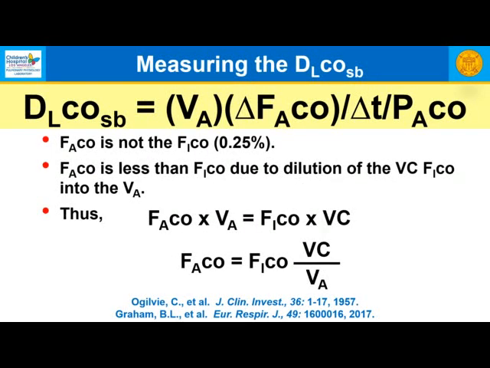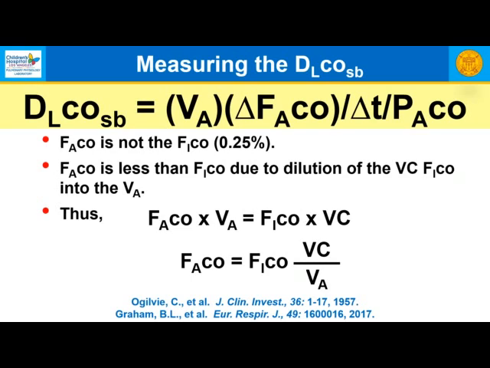So the fraction of alveolar CO is not the inspired fraction of CO, that 0.25. It's less than that due to dilution of the vital capacity fraction of inspired CO into the alveolar volume. Basically, again, we have a constant amount of gas here. So the fraction of alveolar CO times alveolar volume equals the fraction of inspired CO times vital capacity.